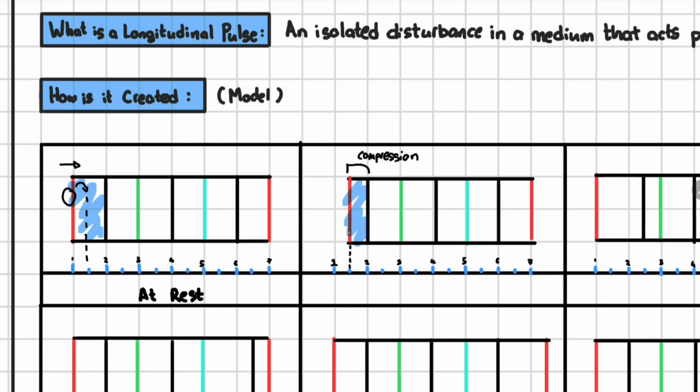After applying this initial disturbance that moved the first particle a certain distance away from its initial position, we are now going to move this particle back to its initial position, where it was at rest. So we are going to move it back to the distance measurement of 1. That's its initial position. So let's move on to the third diagram to see how this is going to affect the medium.